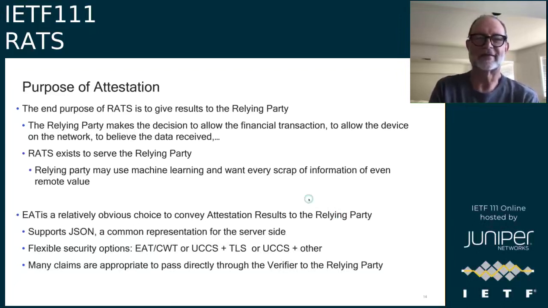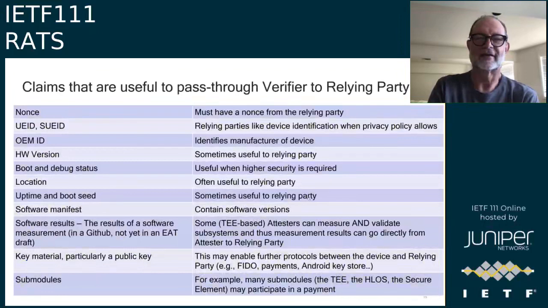Okay, next slide. So I believe this is a list of claims that I think are interesting to pass through the verifier to the relying party. The nonce, although with the nonce and replay freshness, there's a lot of complexity behind that I won't go into. Certainly relying parties like device identification when the privacy policy allows, so UEID and SUEID are passed through.